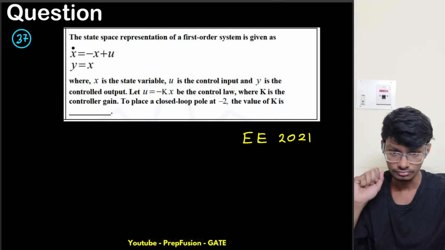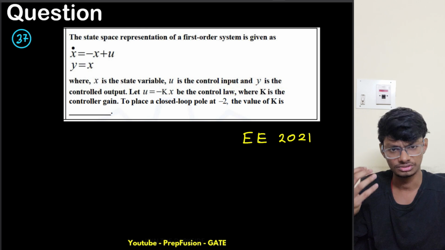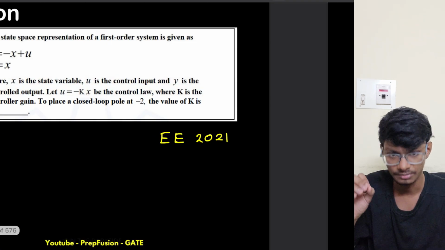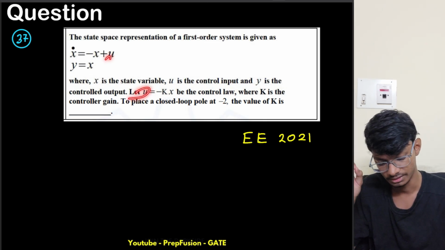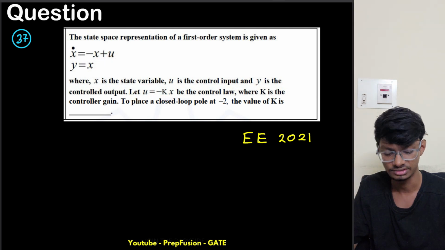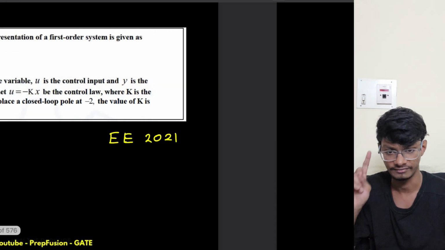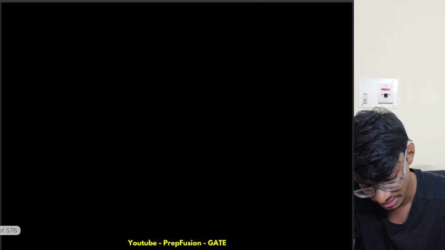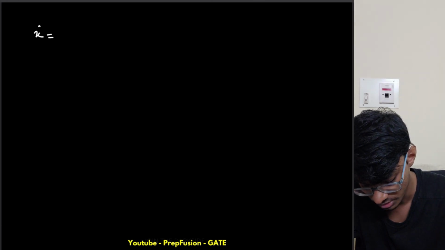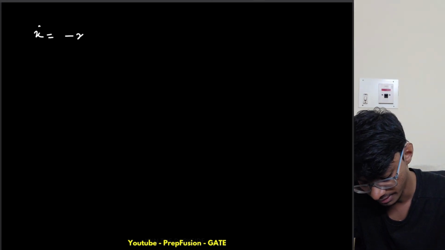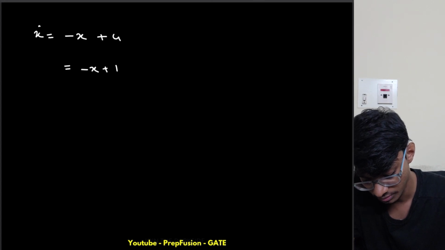Basically, use that state feedback equation. Just replace this u with minus kx and then solve. Then we have to find the eigenvalue. So what is my x dot of t? x dot of t equals simply minus x plus u. So we'll replace u with minus kx.